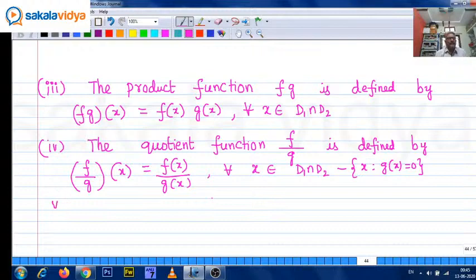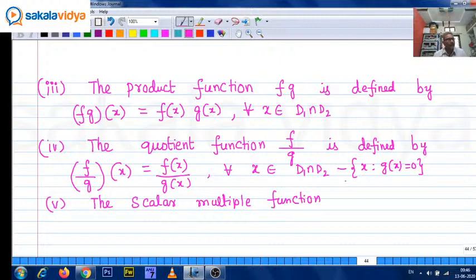Next, fifth one is the scalar multiple function. Scalar multiple function cf, where c is a constant multiplied by f, is defined by cf of x equal to c times f of x.